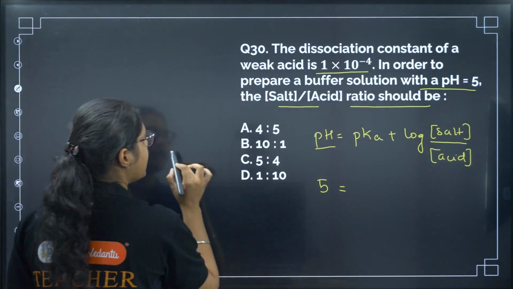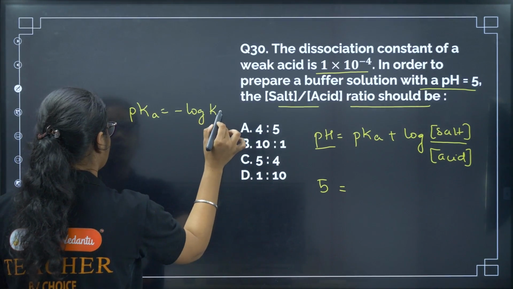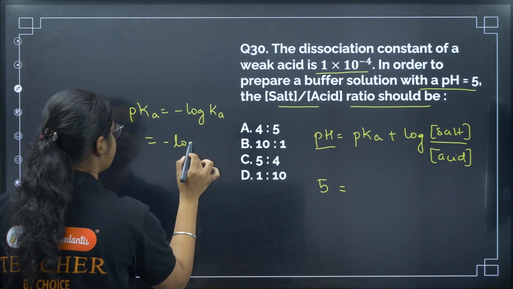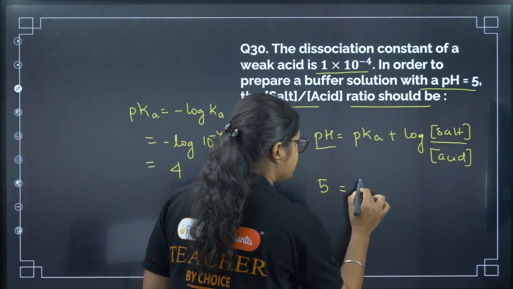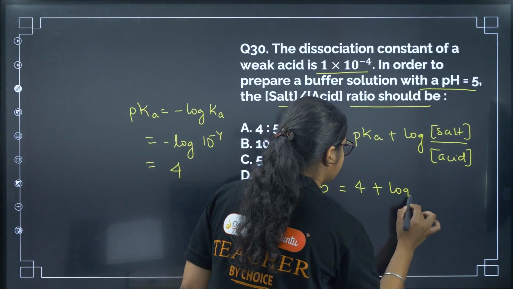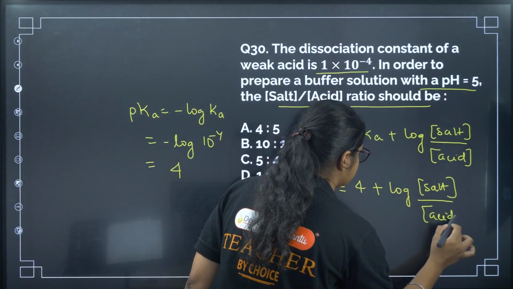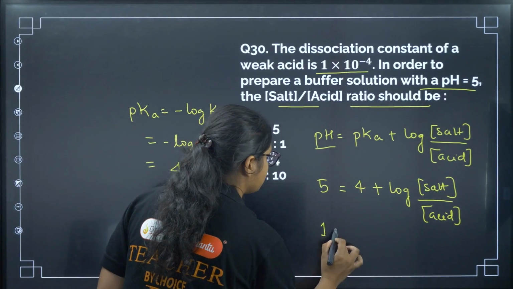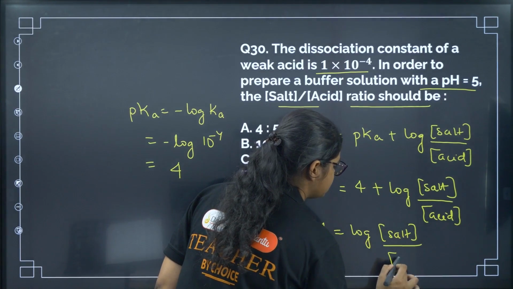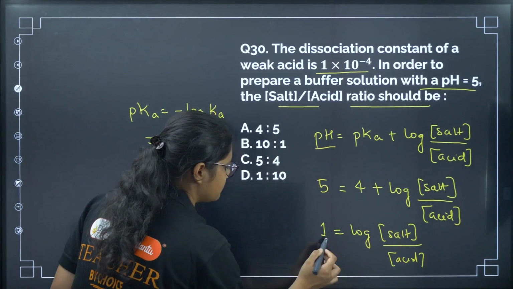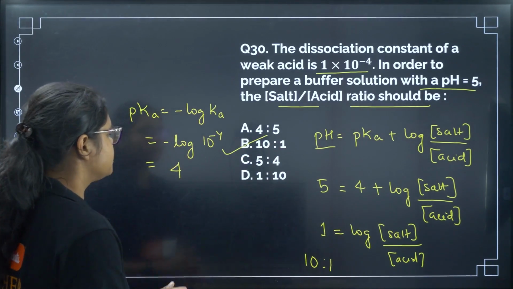Now pKa is minus log of Ka, that is minus log of 10 to the power of minus 4, that is 4. So we substitute: 5 is equal to 4 plus log of salt by acid. Now we get 1 is equal to log of salt by acid. So the ratio will become the antilog, that is 10 is to 1. The correct answer for this question will be option number B.